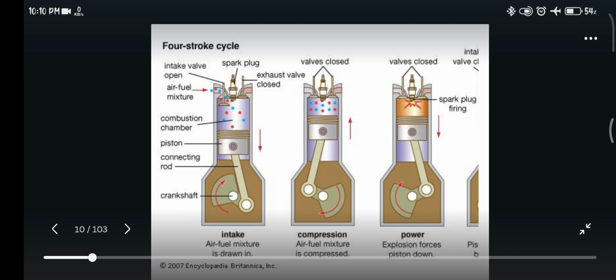Here piston moves TDC to BDC. Valves closed, spark plug firing. Fourth and final stroke is exhaust stroke, where piston moves BDC to TDC for exhaust purpose.